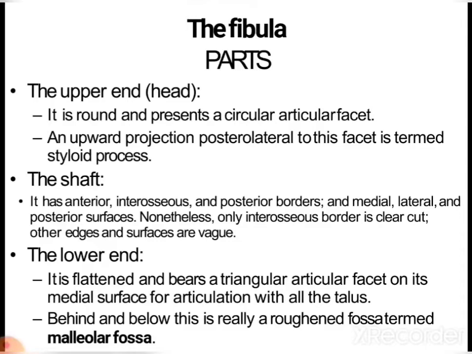The shaft has anterior, interosseous and posterior borders and medial, lateral and posterior surfaces. Nonetheless, only the interosseous border is clear cut. Other edges and surfaces are vague. The lower end is flattened and bears a triangular articular facet on its medial surface for articulation with the talus.